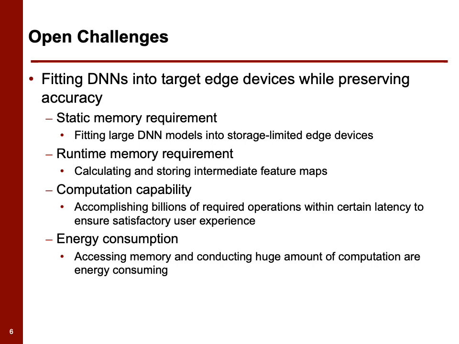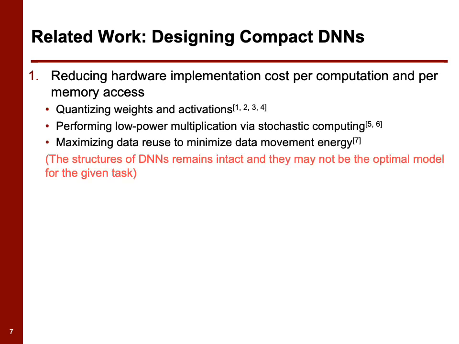To give you an example, a quad-core ARM A53 chip can only run GoogleNet at 1 frame per second and consumes about 4.5 watts. This is under no constraint about power, storage, and with proper cooling. Many works have been proposed to resolve these challenges.